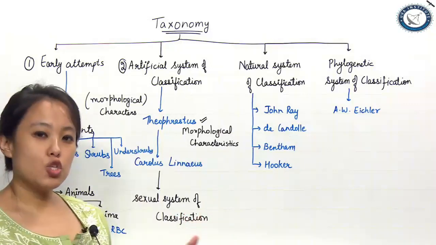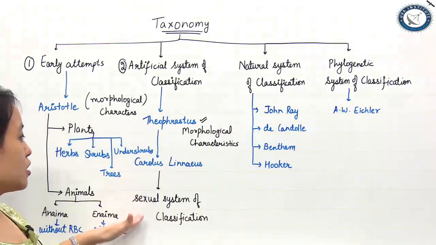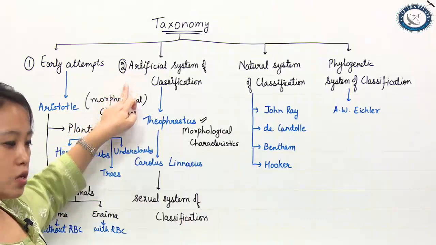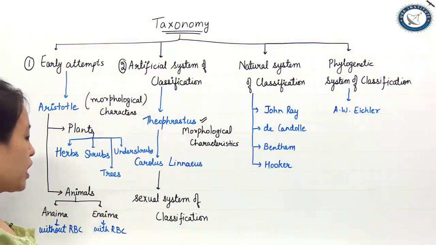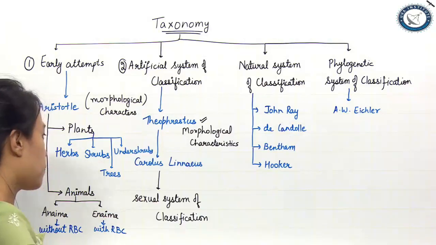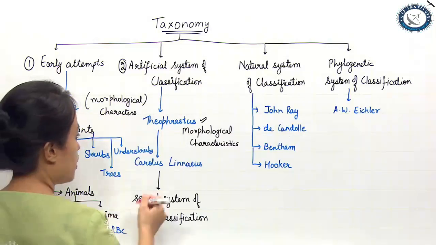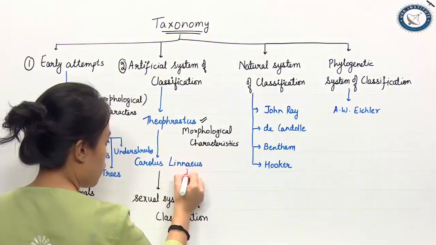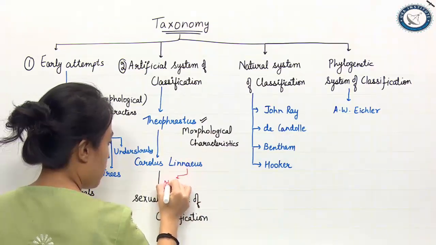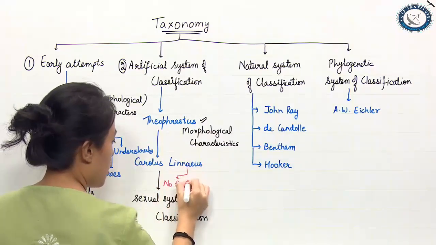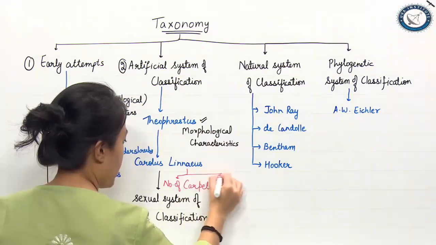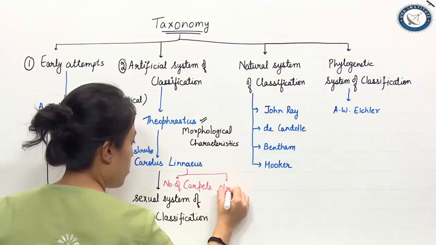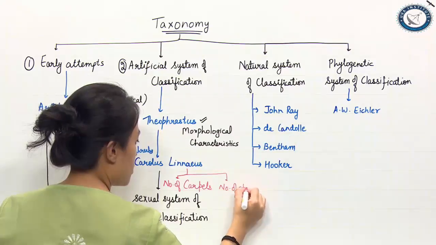The reason is that he studied plants on the basis of the number of carpels and the number of stamens.